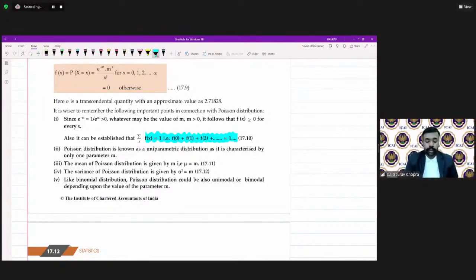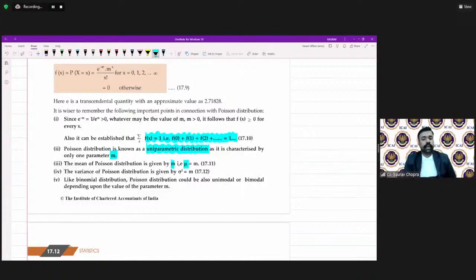Then Poisson distribution is known as a uniparametric distribution because it has only one parameter, that is m. Now, the mean of Poisson distribution is denoted by m, or it can also be denoted by mu.